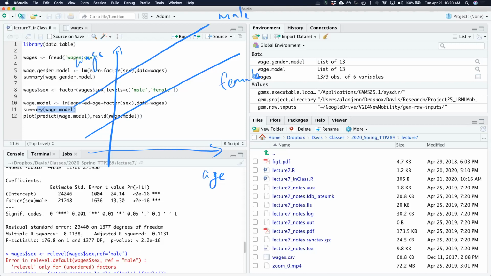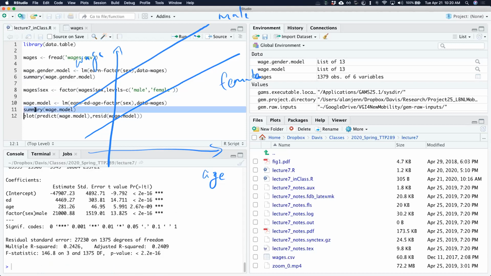And so if I go ahead and run this summary, in this case, if we're looking at age, the rise over run would be 281. So for every additional 1 year of age, it equates to about a $281 increase in your wage on average. And that's the same for whether or not you are male or female.